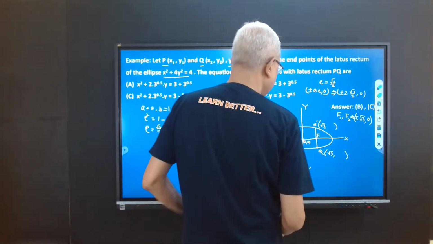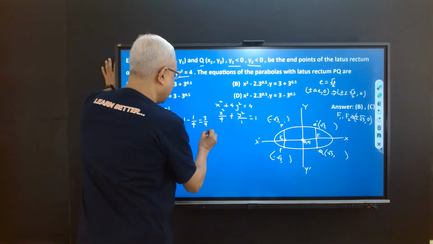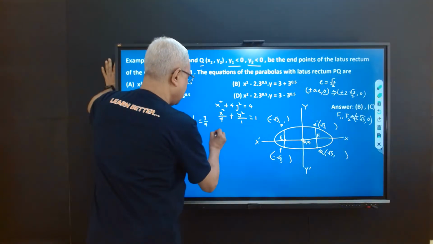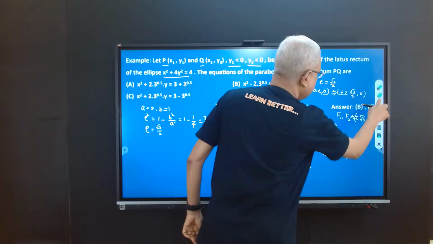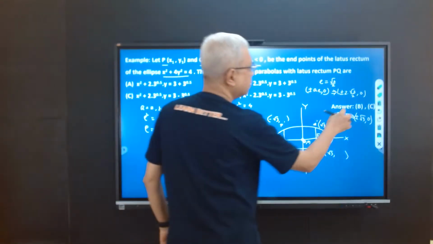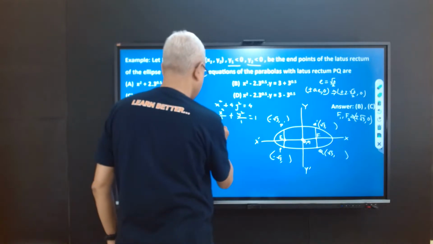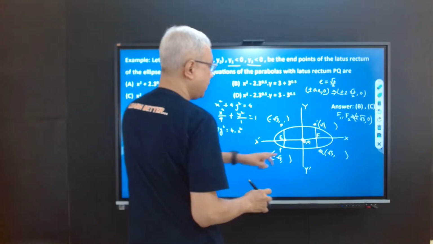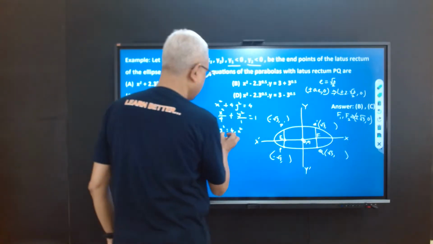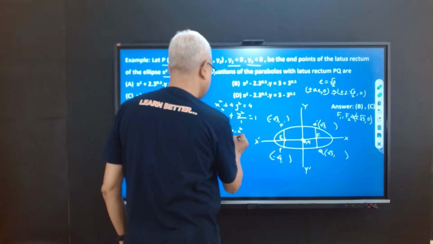Now, if you substitute here, y square equal to, 4y square is equal to 4 minus x square. So if I substitute root 3 over there, it is 4 minus 3.